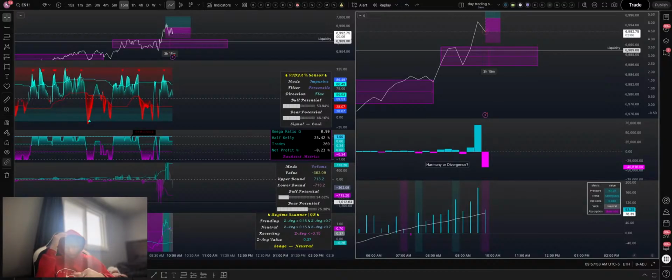It's too early to tell what will happen here. It's looking bearish though. We're having a divergence in volume.